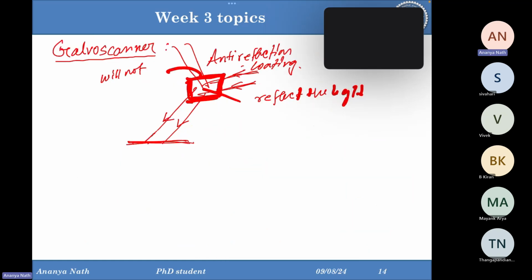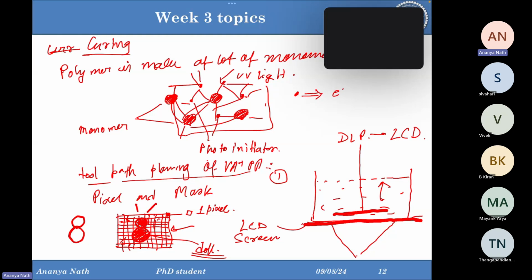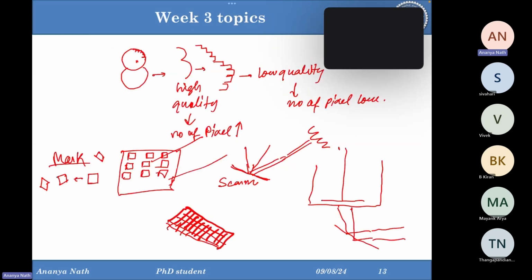Then in tool path there is mask and there are pixels. So mask is basically, if the whole UV light is supposed to come onto the build plate, but I want to make this geometry over the build plate, so I am just making a guard over the rest of the portion of the build plate and letting the light pass and come to this desired position only.